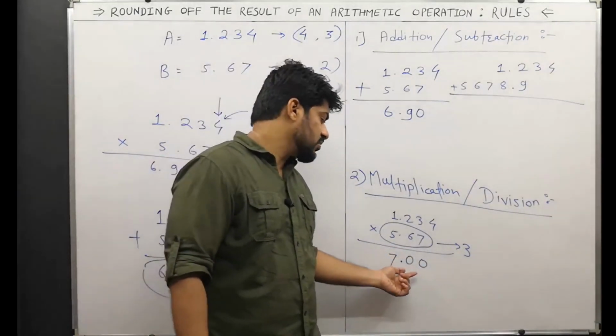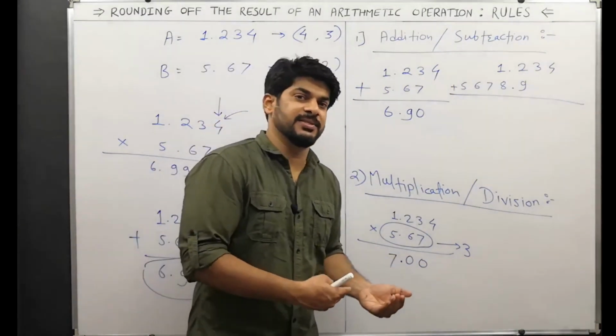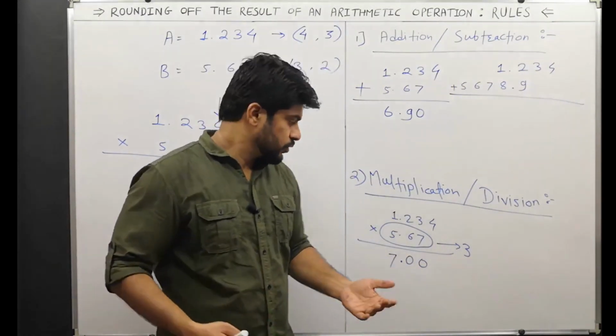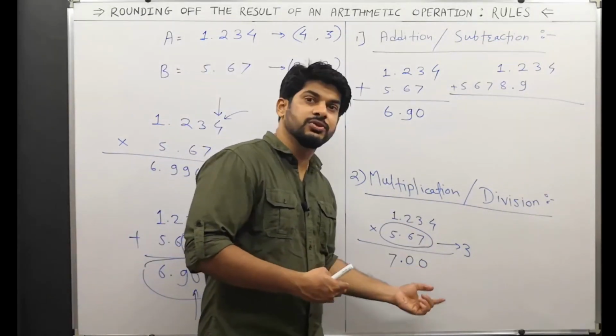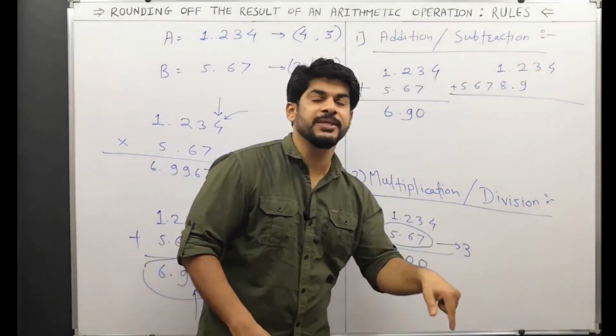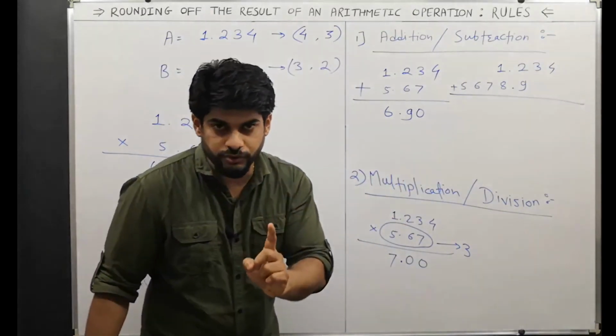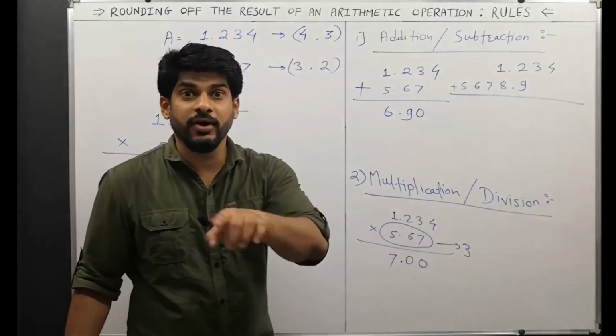In some cases you will not end up with zeros, you will end up with digits from 1 to 9. So we have to retain all these digits. Even if it is 0, we still have to retain it according to the rules. So it would be 7.00. That would be our final answer.